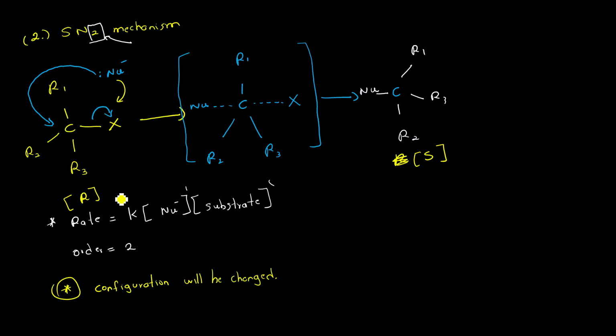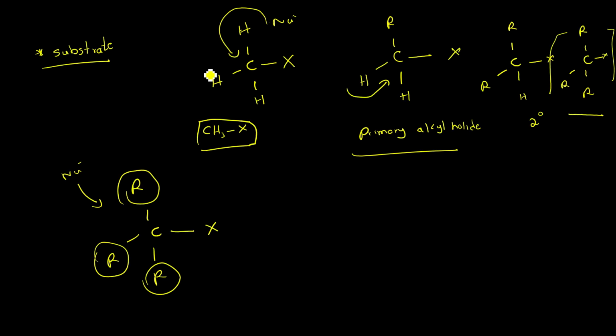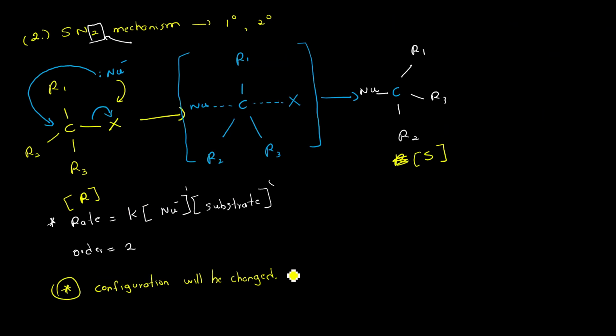So when we are talking about primary, secondary and tertiary, the SN2 mechanism would prefer primary alkyl halides, and secondary is also somewhat fine. However, bulky groups are not favoring the SN2 mechanism. Why?